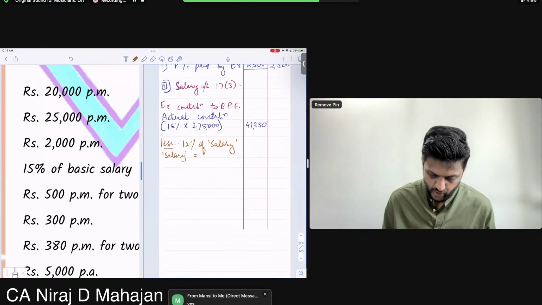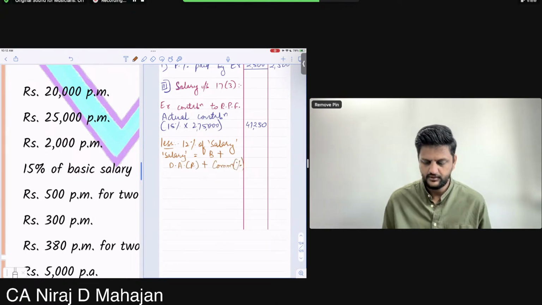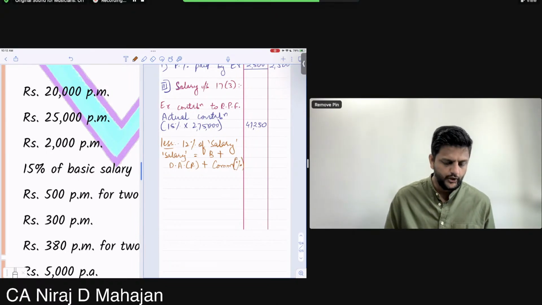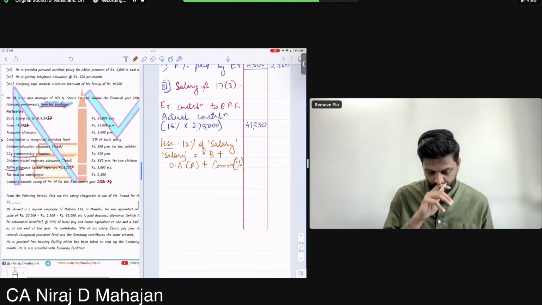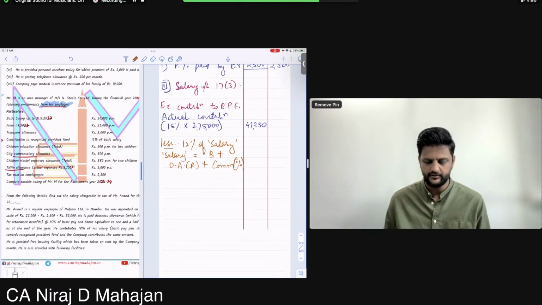Good. So basic plus DA forming part of retirement plus commission as a fixed percentage of turnover. Yes. These are the things you should remember. Okay. Do we have DA in the question? No. Do we have commission? No. So luckily it is right now. You are saved.